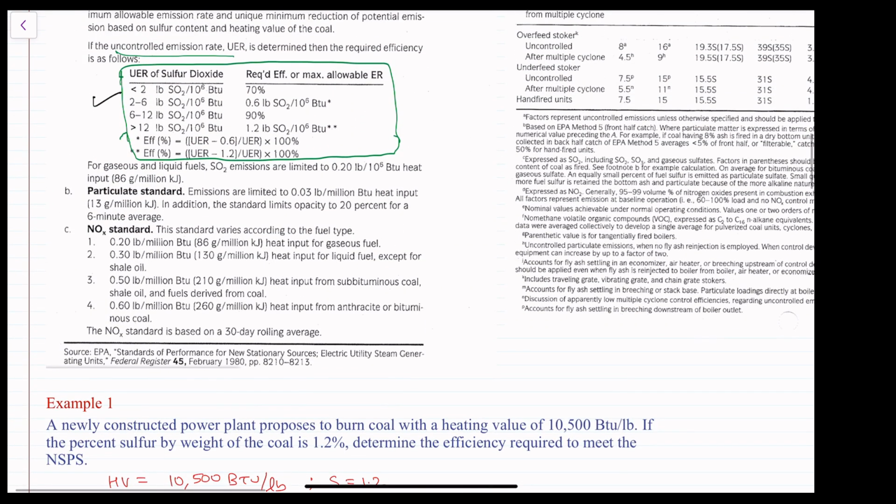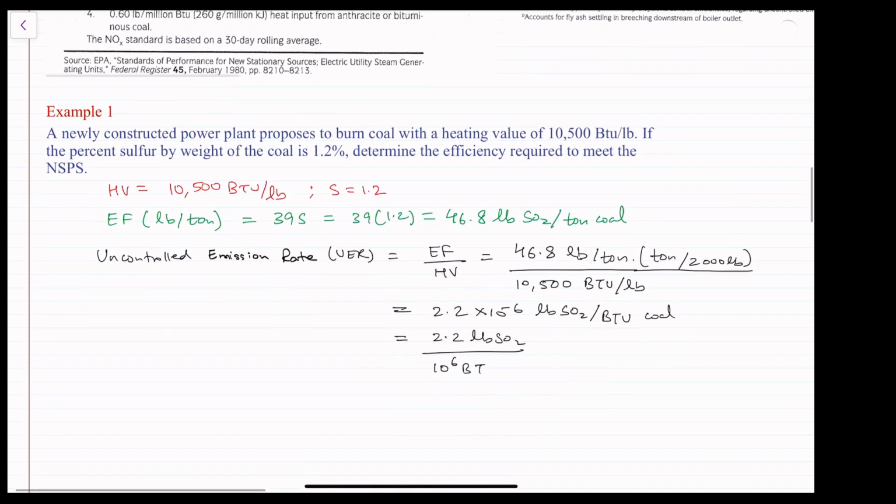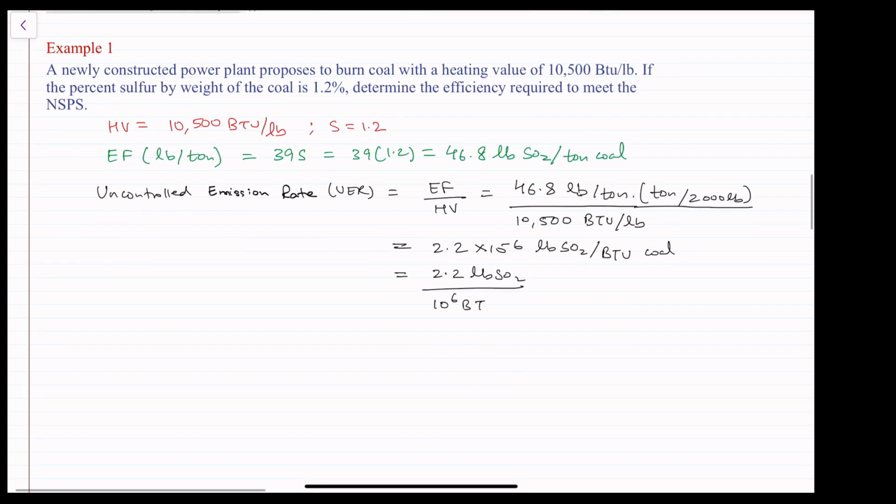So 2.2 is actually right here in this range. So for this range, we can have the maximum allowable emission rate based on table 2.3.